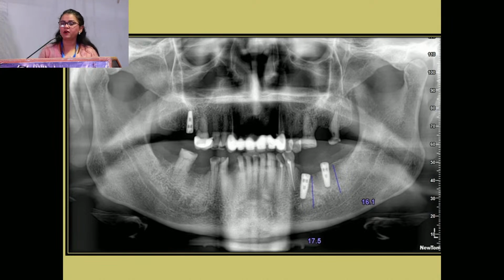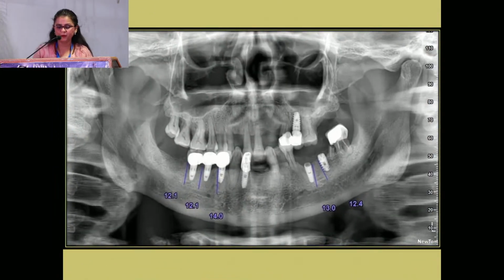If this case would have gone for 3D imaging, it would have been very different, because with 2D, you cannot talk about the quality of the bone here. You cannot say what the trabecular pattern of the bone or the cortical thickness is. You can just make the quantitative measurement, and that also has a limitation.